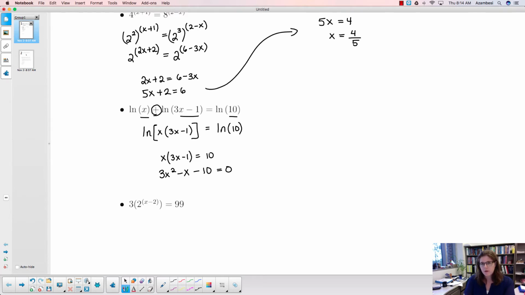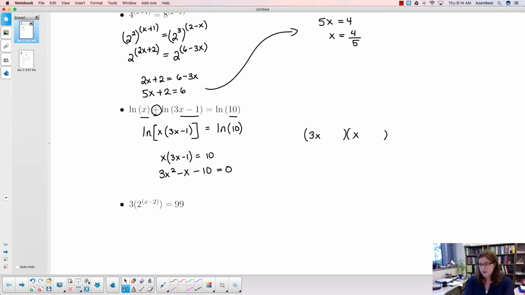Now I have to work out the factors of this, so I'm going to factor my 3x squared minus x minus 10. The only things that multiply together to give me 3x squared are going to be 3x and x. Things that multiply together to give me 10, generally speaking, are 1 and 10 or 2 and 5.